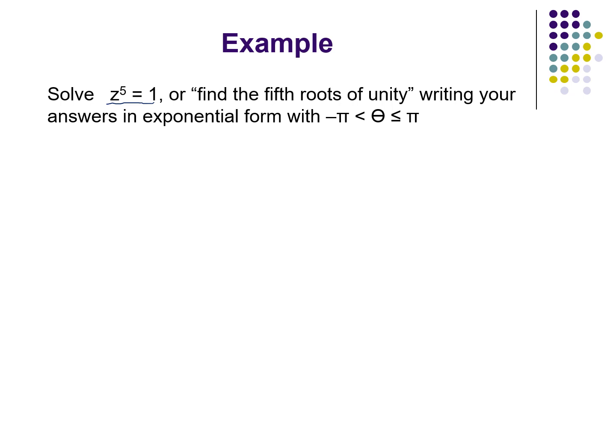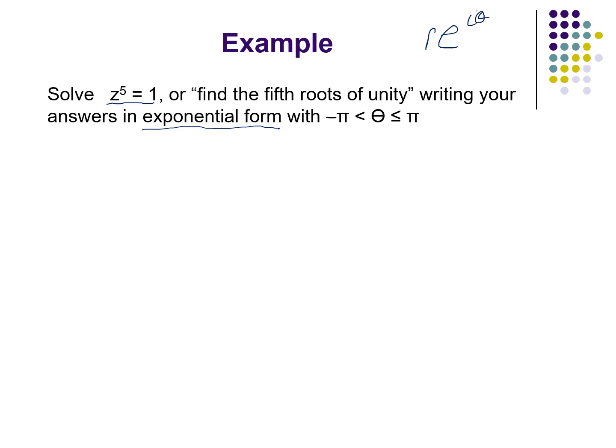Now, they've given me specific instructions that they want the answers in exponential form. Remember what exponential form is, r e to the i theta? And they specifically have said they want the argument in the pi convention, so a range of values from minus pi to pi.